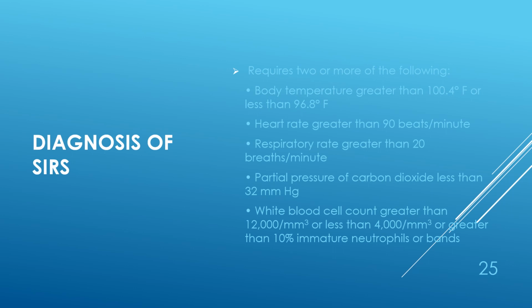And you need to have a white blood cell count greater than 12,000 per cubic millimeter or less than 4,000 per cubic millimeter, or greater than 10% immature neutrophils or bands. Just remember, you just need to have two of those things. So either your body temperature is higher or lower, your heart rate, you're a little tachycardic, you're tachypneic, your PCO2 is less than 32, and you have some form of infection based upon your white blood count.